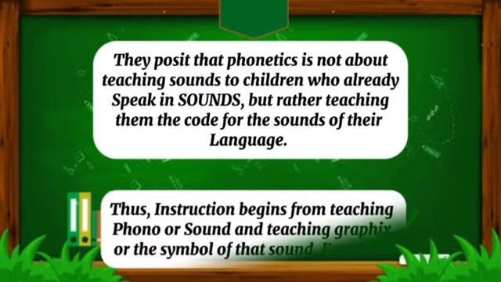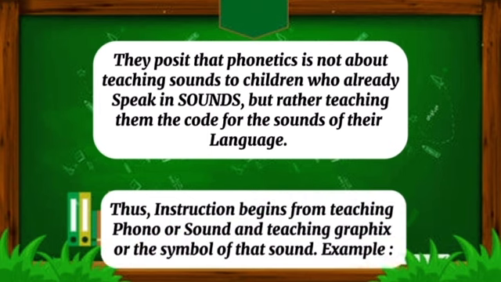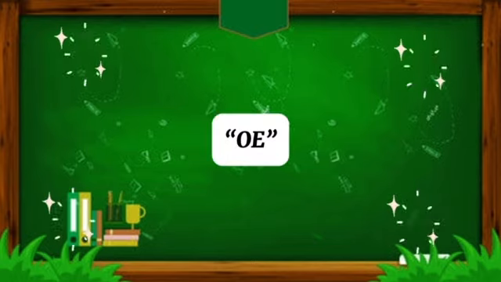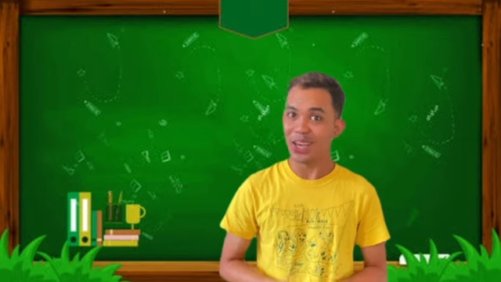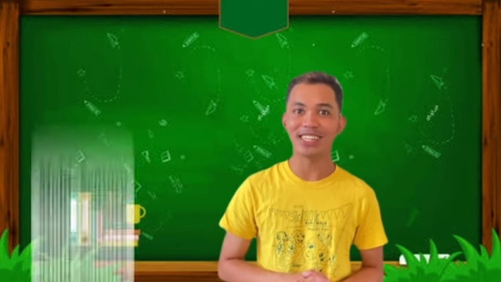Thus, instruction begins from teaching phono, or sound, and then teaching them graphics, or the symbol of that sound. For example, the sound oi and how it is written. If you plan to use these reading strategies, you may take these following considerations.